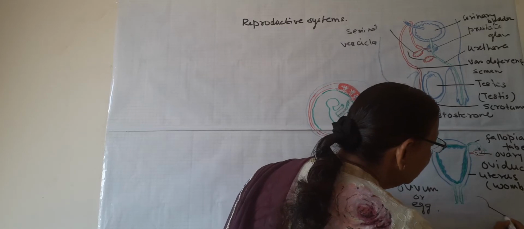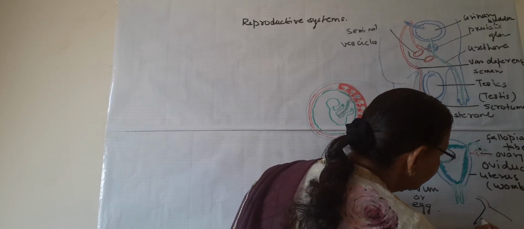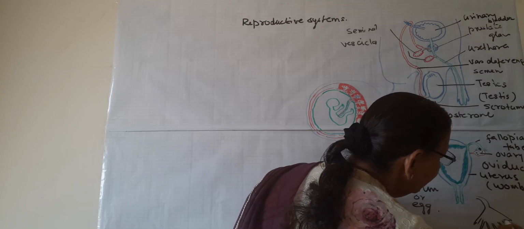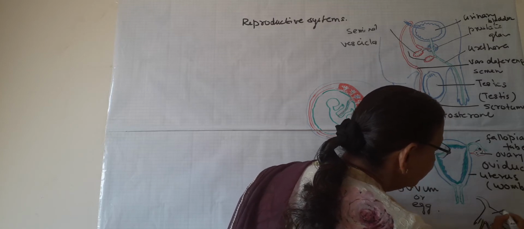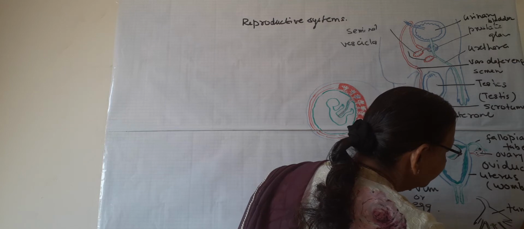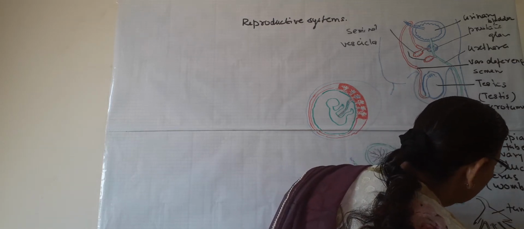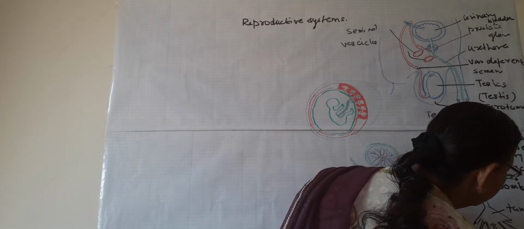So you can see the structure of this fallopian tube. On this side, it has a funnel-like structure, and many outgrowths are there. These are known as fimbriae.